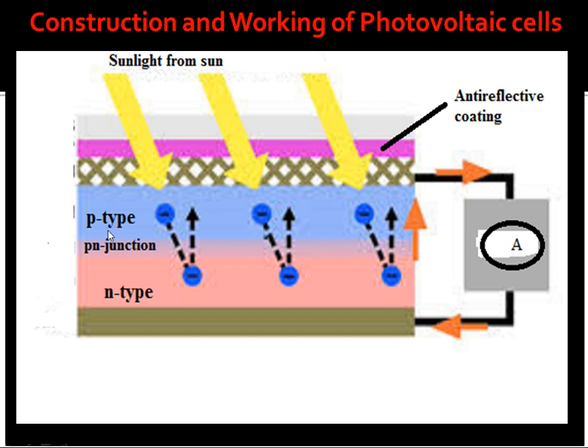The above ultra thin layer is doped by trivalent materials like phosphorus, so this layer is called a P-type material. The entire PV cell is made up of a thin wafer layer of silicon semiconductor, and the above ultra thin layer is doped by trivalent materials such as phosphorus.